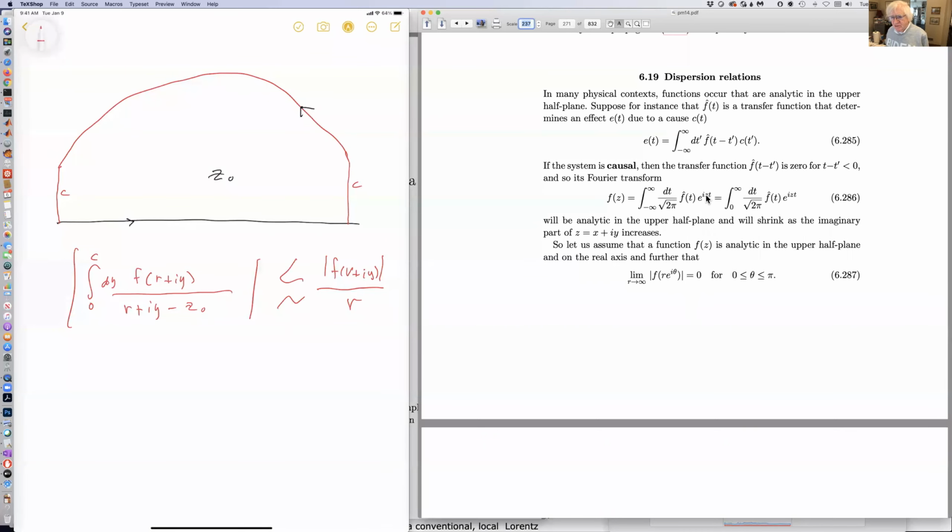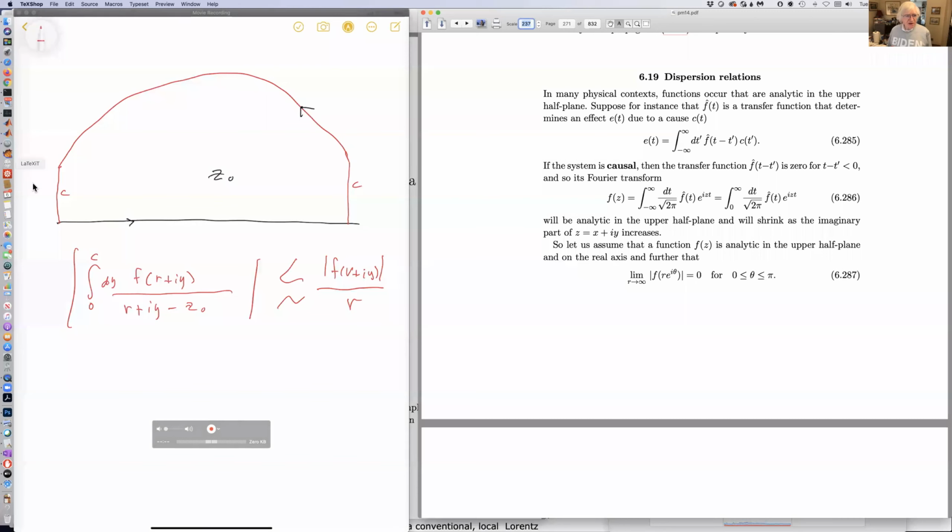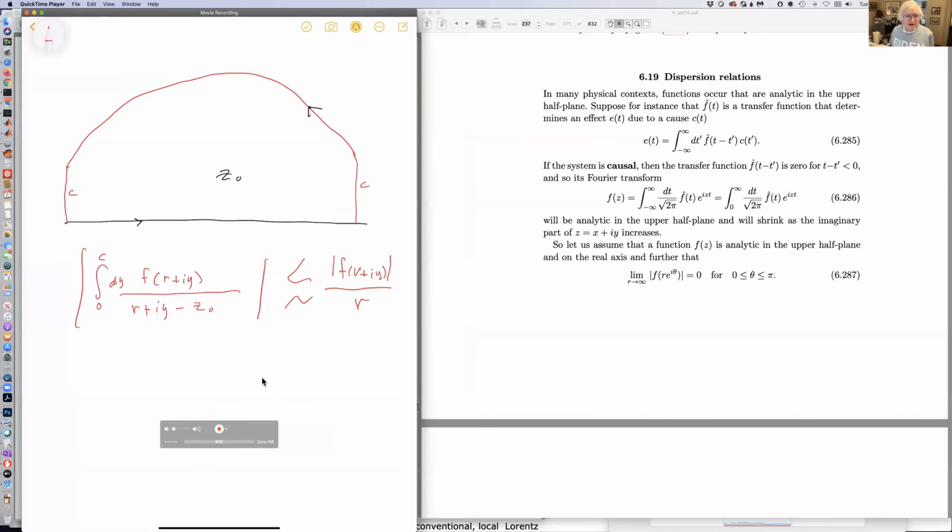So we can put z into the upper half plane, and in that case, f of z will get smaller and smaller as we move z into the upper half plane. And that's what I pictured over here, where I added a ghost contour. Imagine a ghost contour around z0.